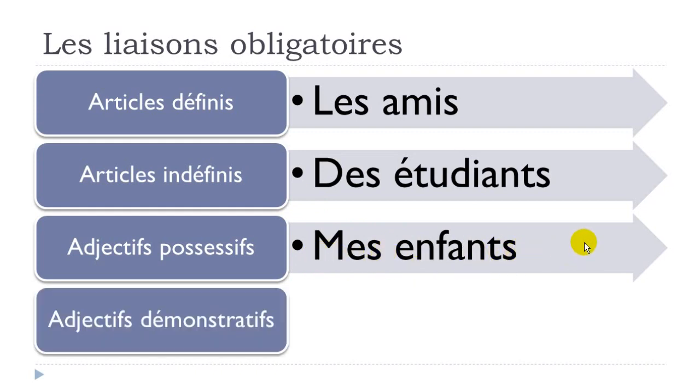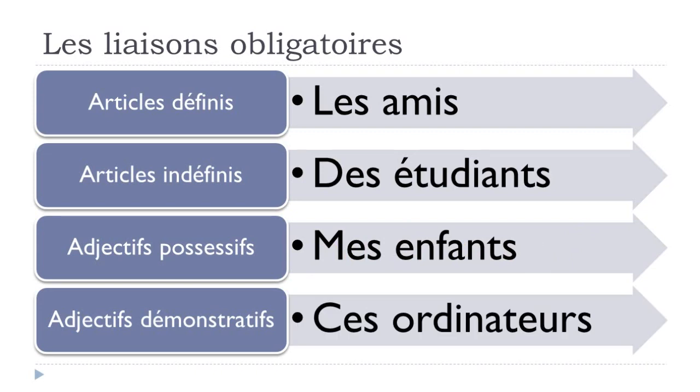All right, and of course, les adjectifs démonstratifs, this or these, okay, and in that case, I took the plural form, so these here, and then ordinateur, computers, so you should make the liaison between S and O, ces ordinateurs. Okay, so les amis, des étudiants, mes enfants, ces ordinateurs.